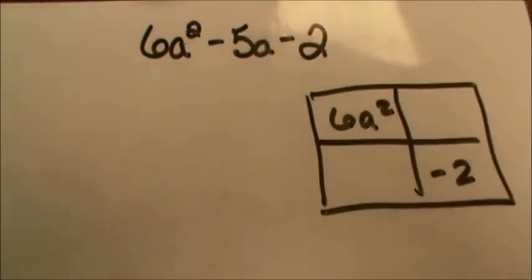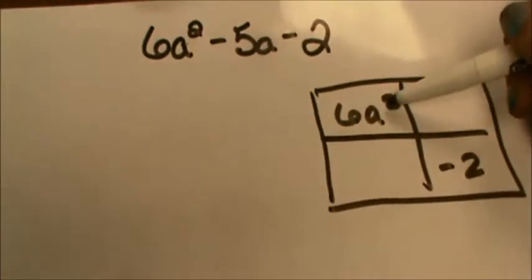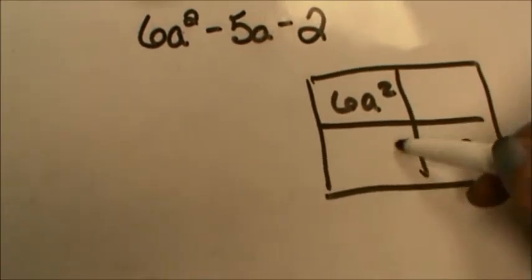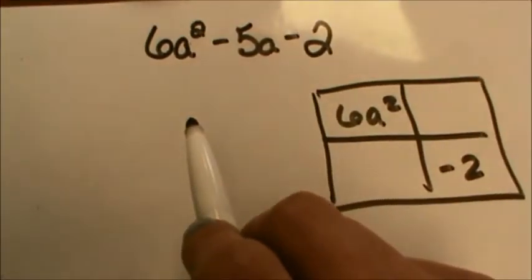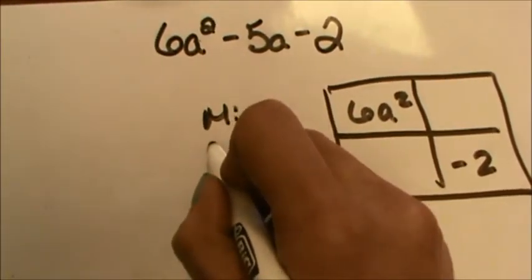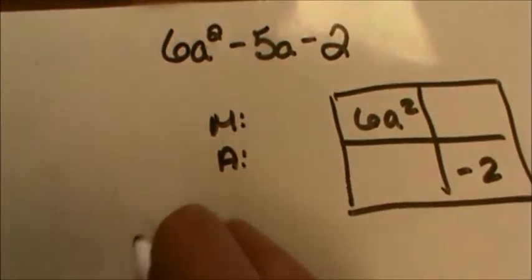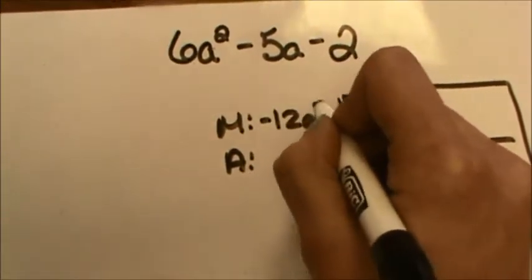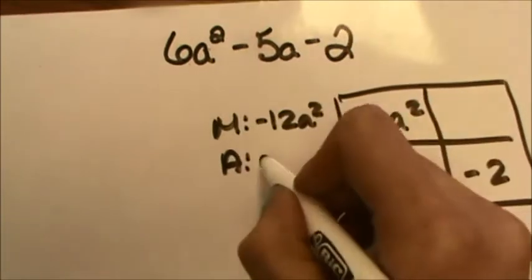Right away I know in my factor box that the 6a squared will go up here and the minus 2 will go down there. I need to figure out which 2 terms here give me that negative 5. In order to do that, I need to find 2 numbers that multiply to be negative 12a squared, add to be negative 5a.